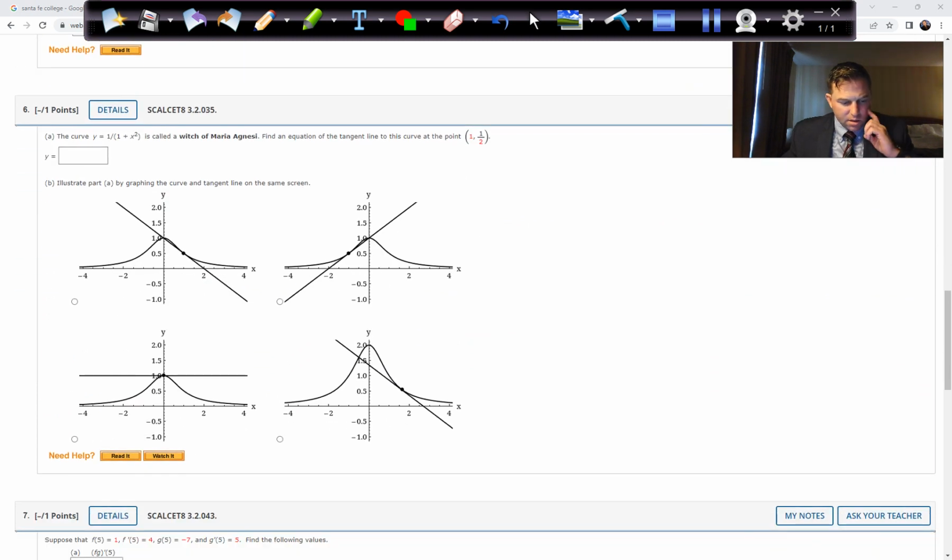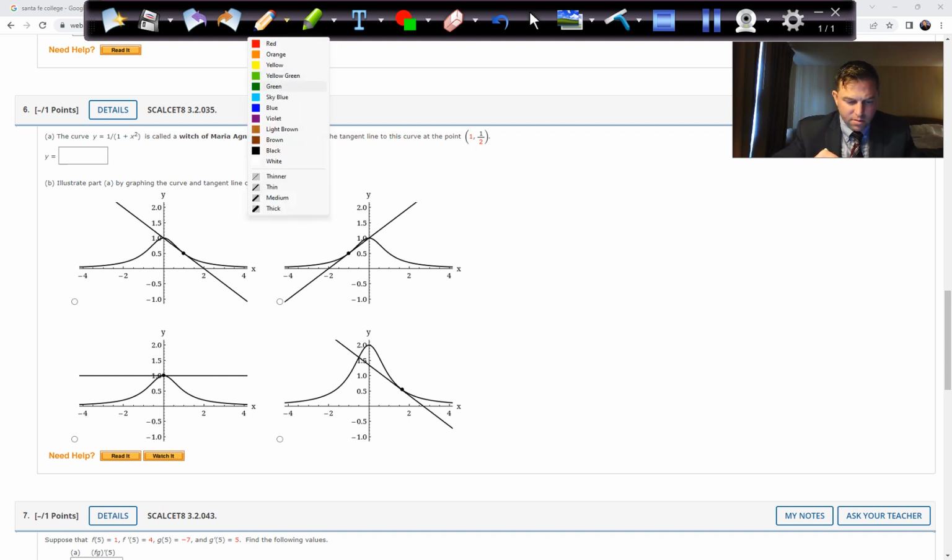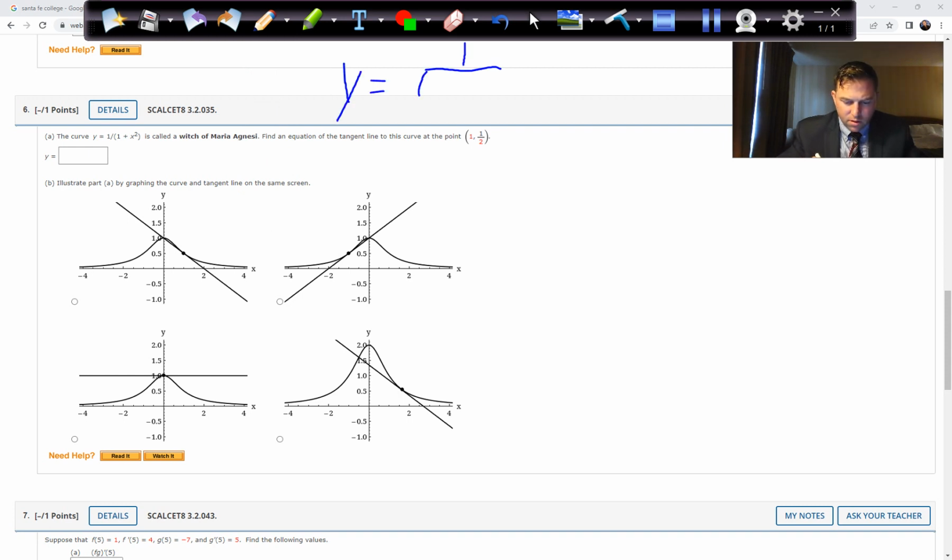Okay, problem 6 says the curve y equals 1 over 1 plus x squared is called a witch of Maria Agnesi. Find the equation of the tangent line to this curve at the point 1, 1/2. So we have to find the derivative. Our y function is 1 over 1 plus x squared.